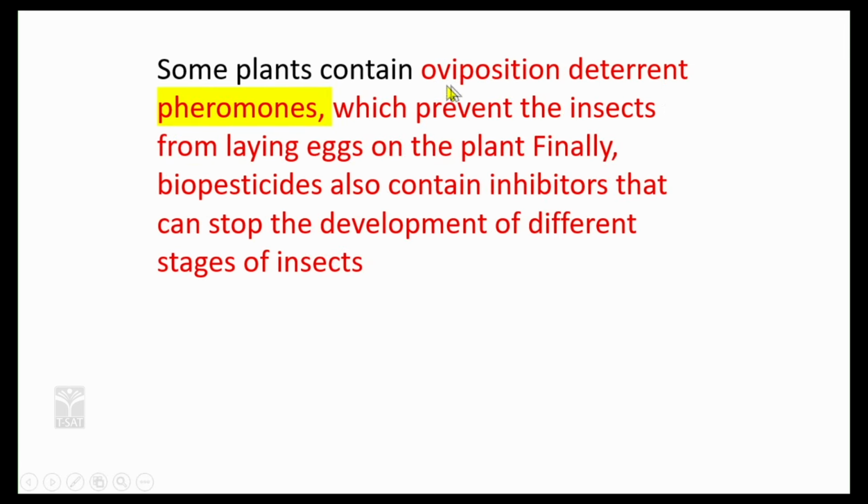Some plants contain oviposition deterrent pheromones. They release certain chemicals which do not allow the insect to lay eggs on the plant, so that the pests will not reproduce and proliferate, causing harm to the plants.